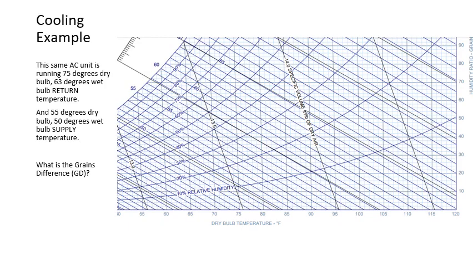So now that we have a set of hygrometers, we can use these and plot these points on a psychrometric chart, and then we can understand what our grains of difference is between our return and our supply. So the same air conditioning unit that we've started talking about is running 75-degree dry bulb, 63 degrees wet bulb temperature. Let's go ahead and plot these points.